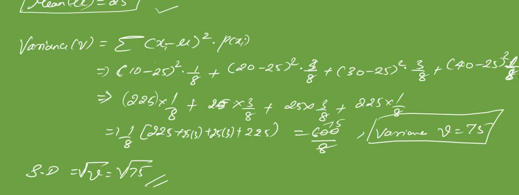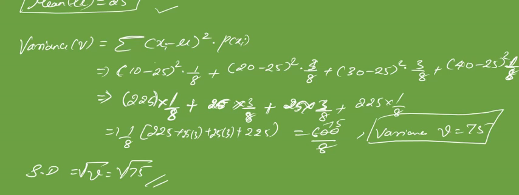So what do you have to do next? Simplify it. 10 minus 25 the whole square is minus 15 square, which is 225 into 1 by 8, plus 20 minus 25 square is minus 5. Minus 5 square becomes positive 25 into 3 by 8, plus 30 minus 25 is positive 5, 5 square is 25 into 3 by 8.